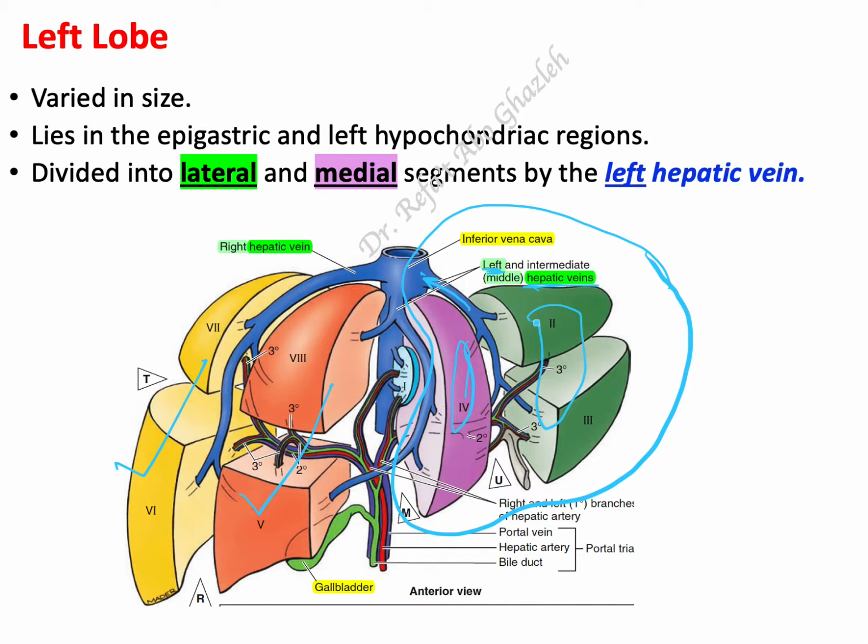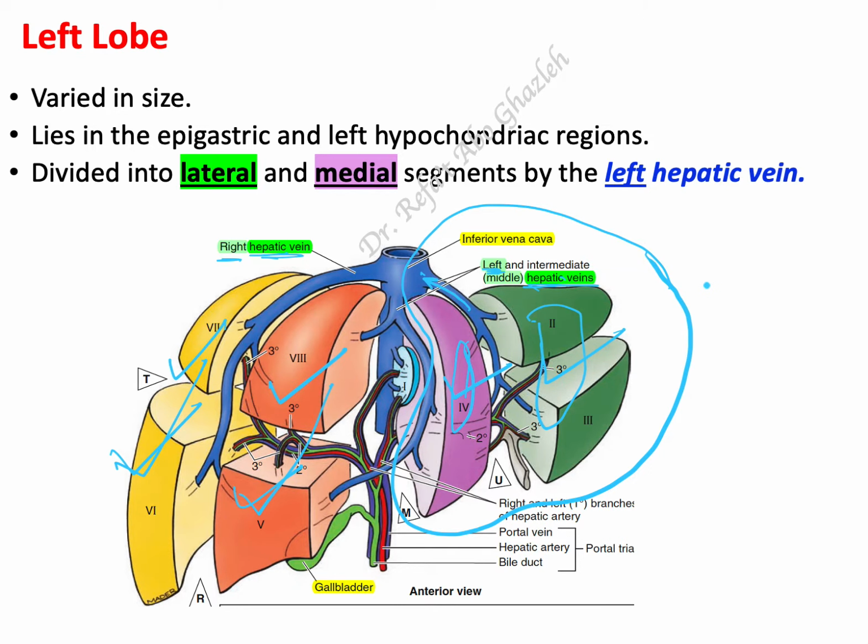No, the left hepatic vein divides the left lobe into lateral and medial segments. But the right hepatic vein divides the right lobe into anterior and posterior.